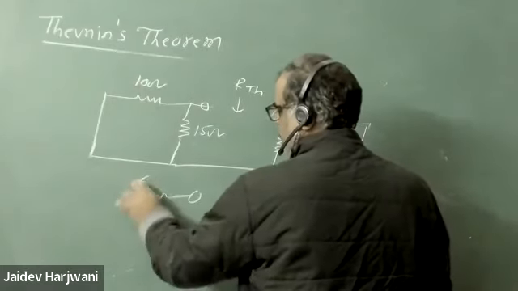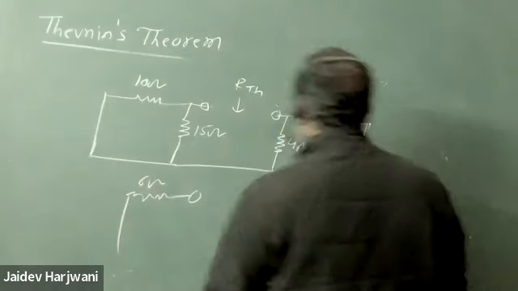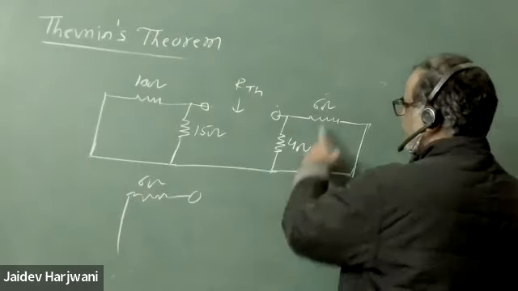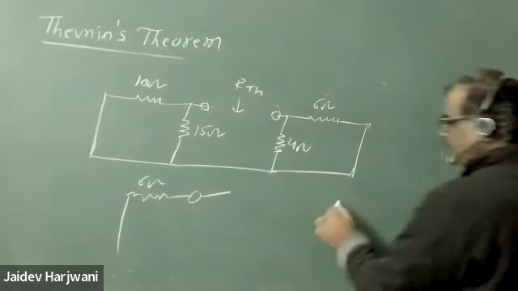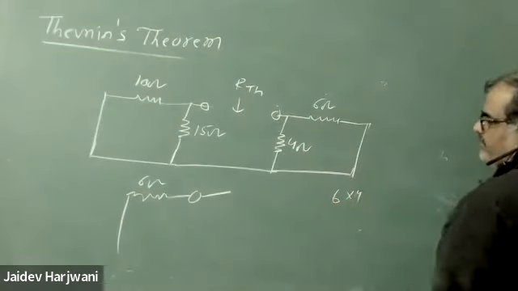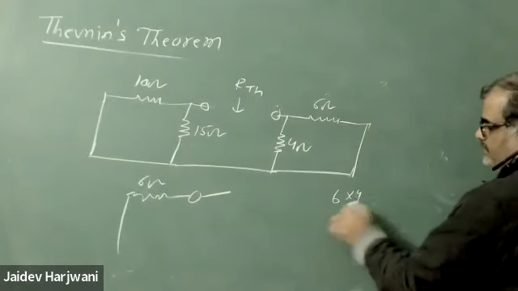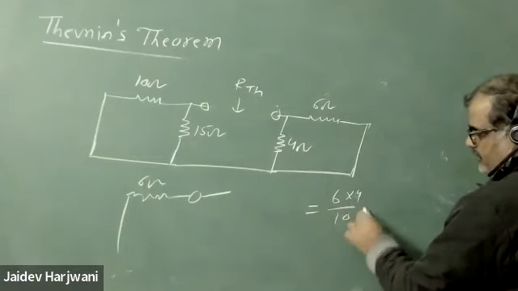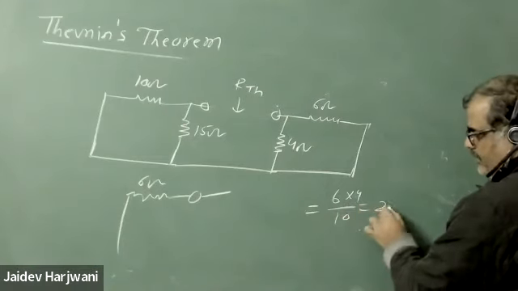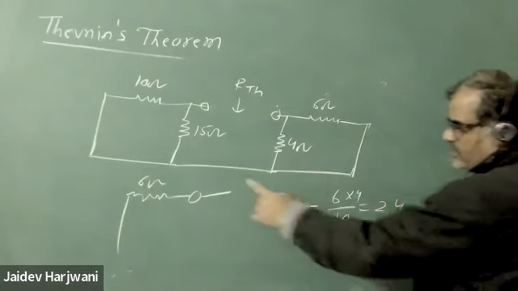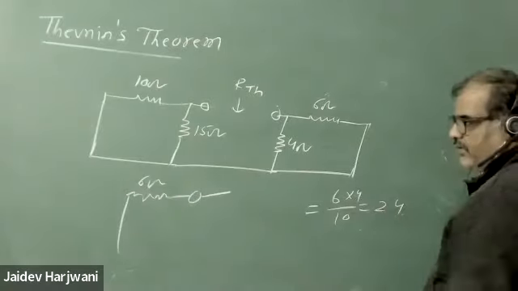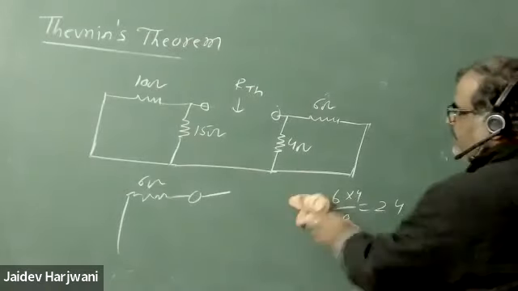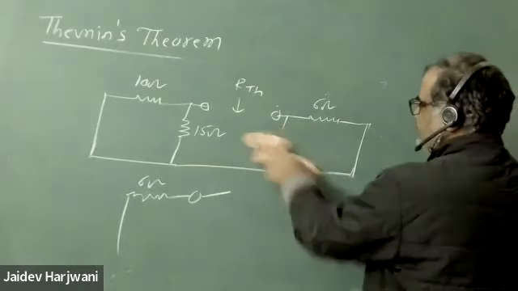Okay, 6 ohm. And then if I take 6 into 4 over 10, how much will it come? 2.4. So this 6 and this 2.4 are not in series if I make a combination of this one.